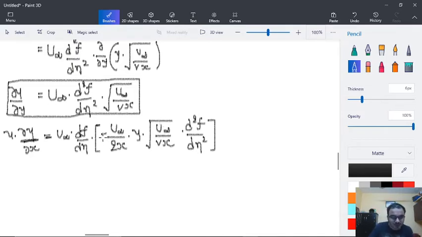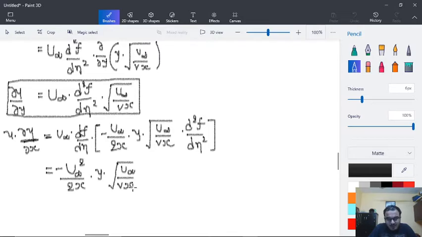So here the next will be minus u infinity square upon 2x into y into square root of u infinity divided by nu into x into d3f over d eta cube.